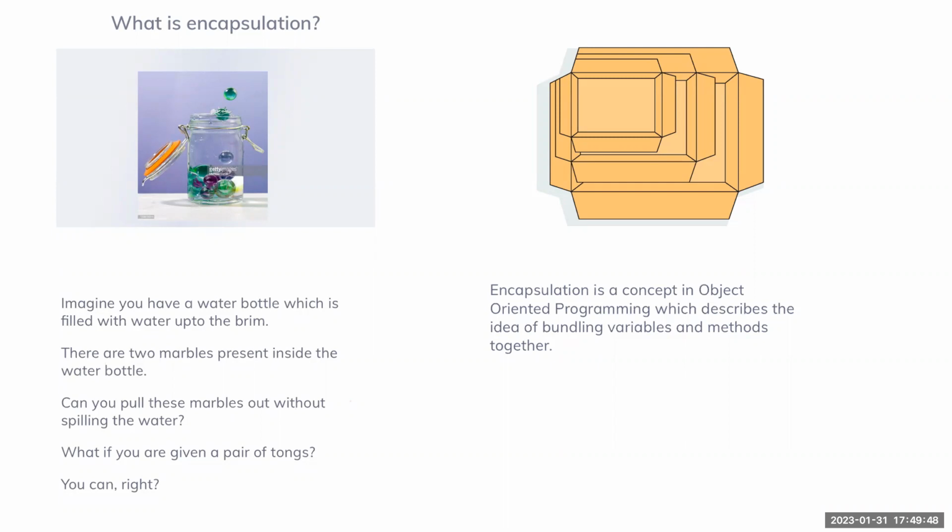Consider these two tongs as methods, and those two marbles as variables. These variables are created as private, and these two tongs help us access those private variables as a setter or a getter method.